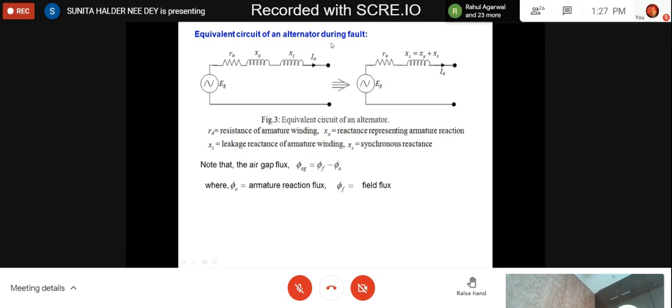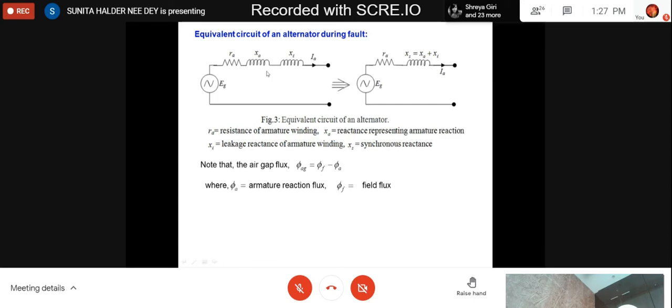So in general, when we represent an alternator by its equivalent circuit, it has an induced EMF, an armature resistance, and along with that an armature reaction reactance. What is armature reaction? When current flows through an alternator, the flux created due to it acts in opposition to the field flux. So it tries to reduce the field flux, and the field flux is responsible for generating this induced EMF.